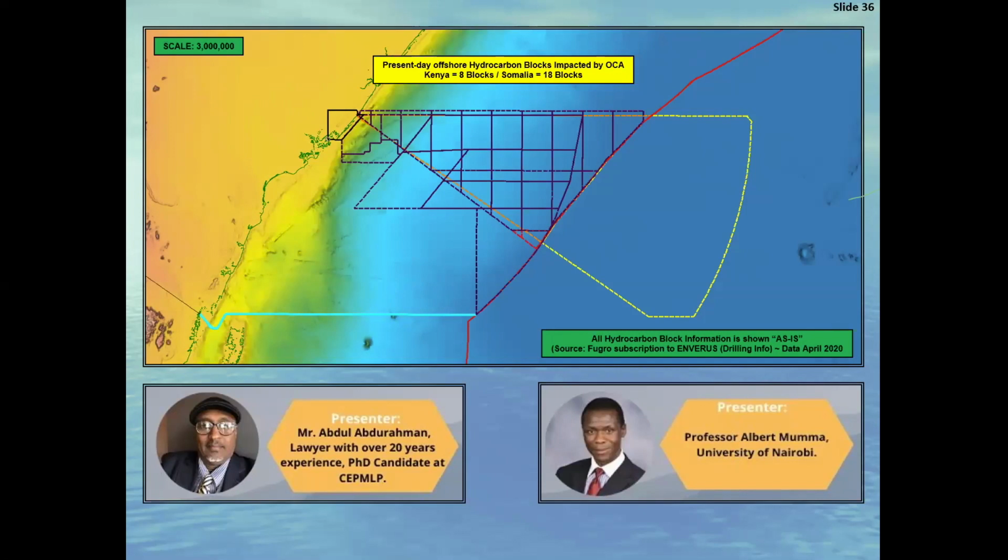Professor Mumma, can you tell us a little bit what you think is the public international law status of the 1924 treaty? So again, not speculating as between Kenya and Somalia, but pure public international law. What is the status in your view?